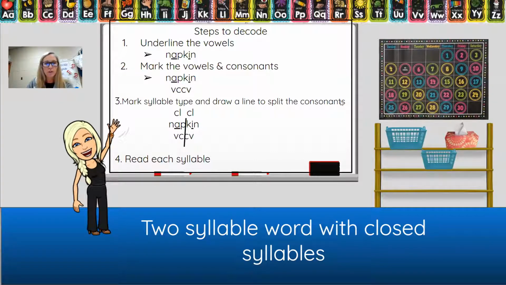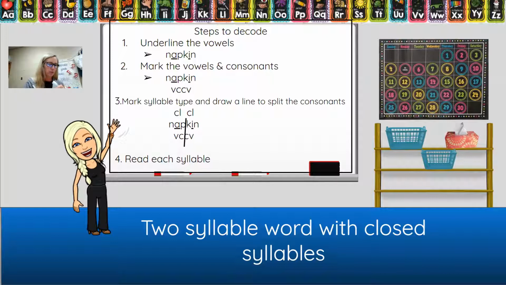All right, here are steps to decode a closed syllable. We're going to continue learning, so don't think that you need to know this today, because this is going to be a process and we're going to take it step by step. I have the word napkin up here.